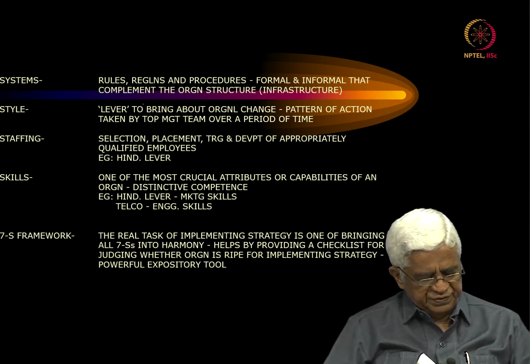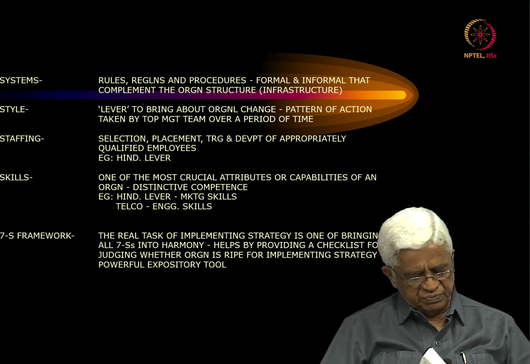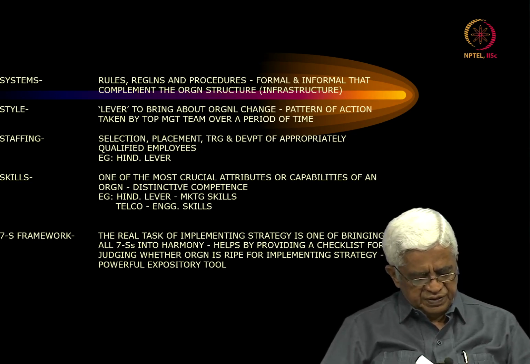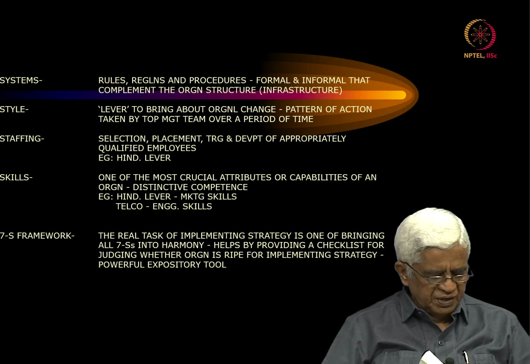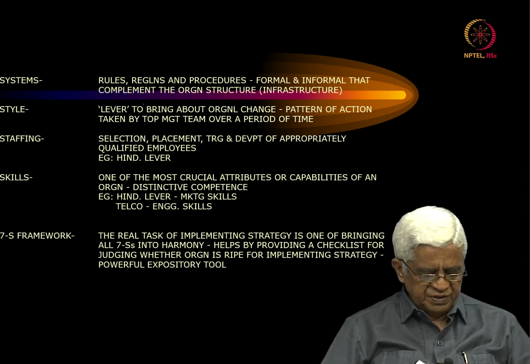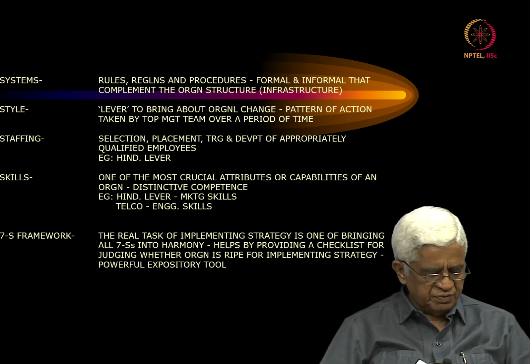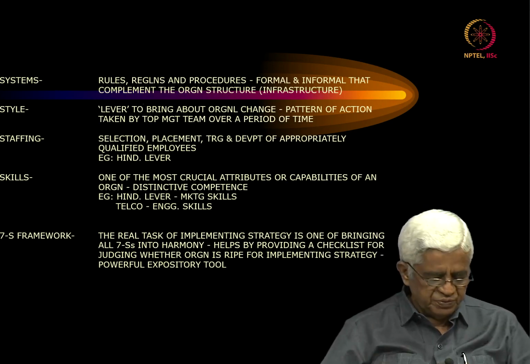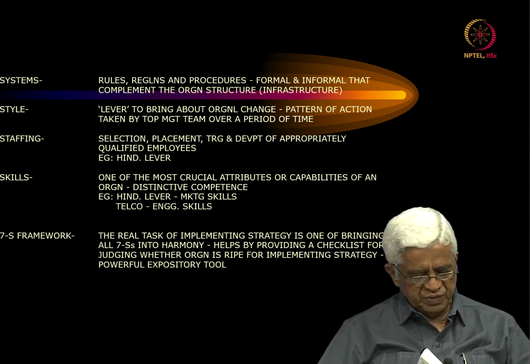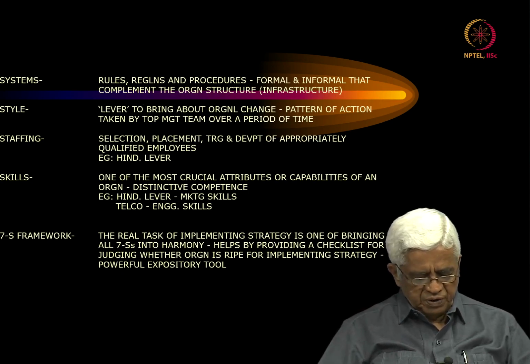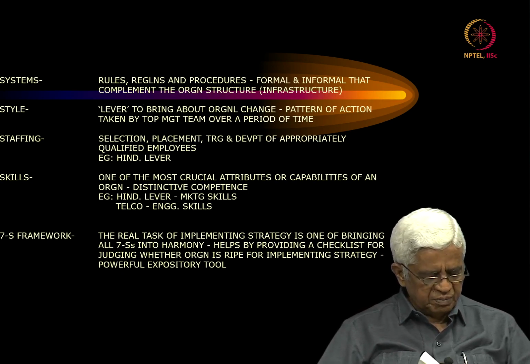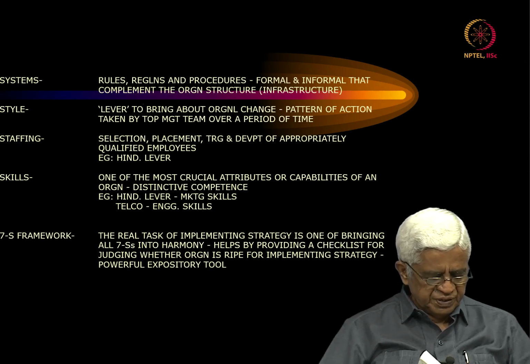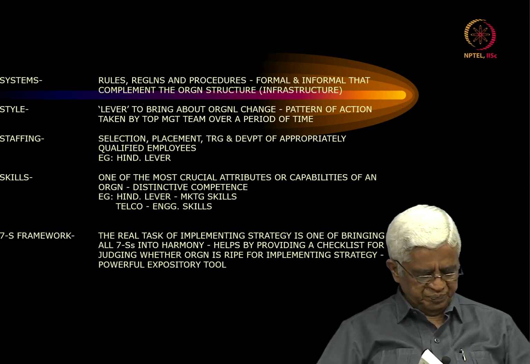The other 5 S's are referred to as software. It is essential that while drawing up strategy for the organization, due care is taken not to give too much importance to software at the expense of the hardware. So, this is what I was trying to mention. It is important to have better alignment among the 7 S's, so that the results can be better.